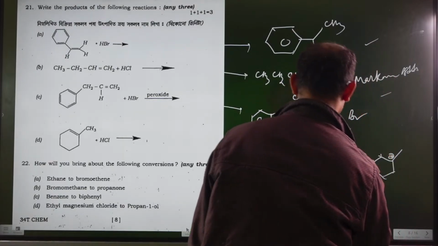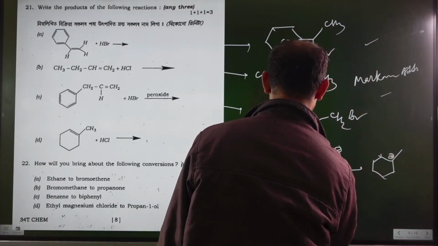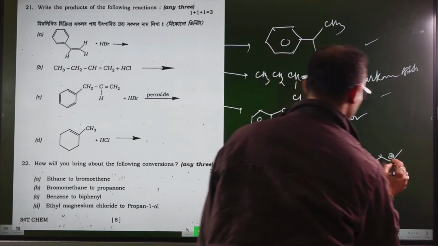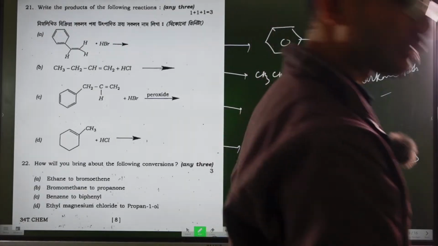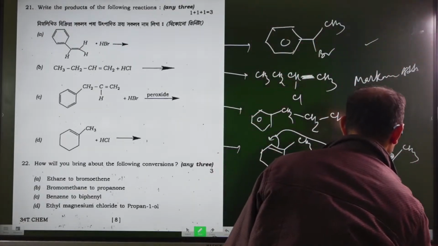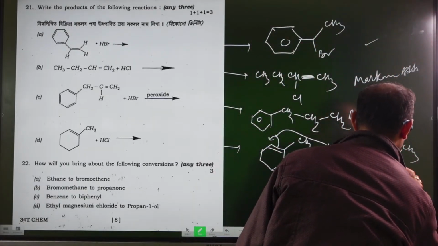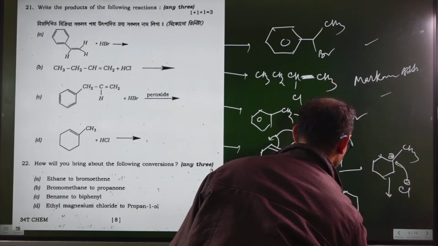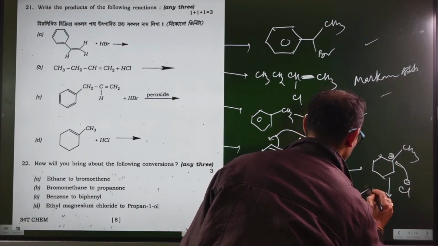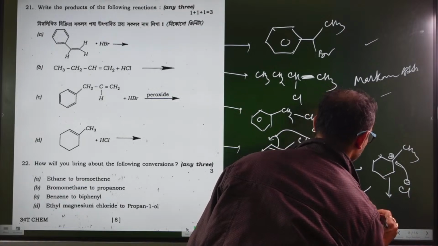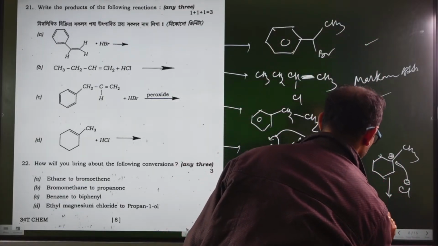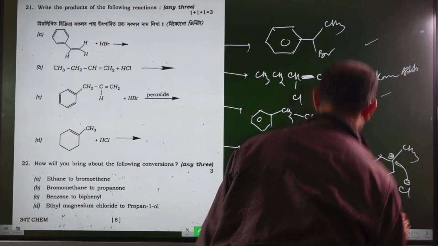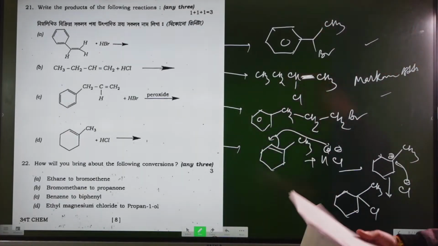H plus will be added here, so this will be the positive charge. This tertiary carbocation is much more stable. Then in the next step, chloride nucleophile will attack here and give you the product. 1, 2, 3, 4. This is your Cl, this is your CH3. This is the product.